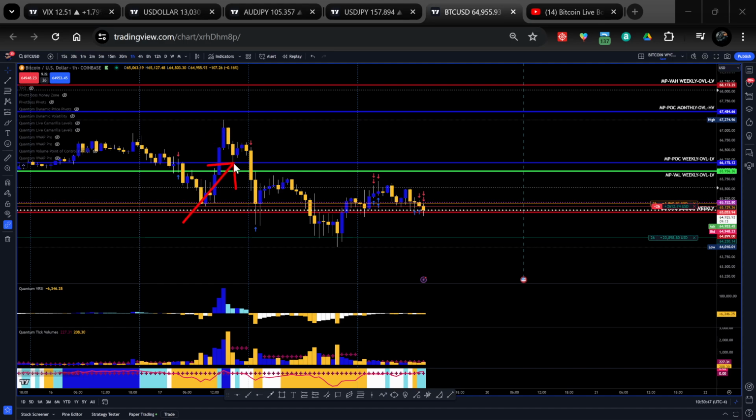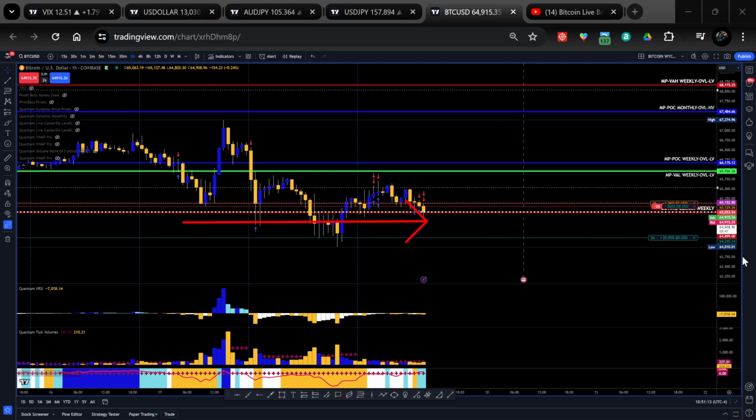Came back down, retested the POC, and lost that value area low and POC quite aggressively. Came all the way down here, got some buyers, retested value area low, broke down again, retested value area low again in that general area, but created a lower high, right? And now we're taking another leg down.